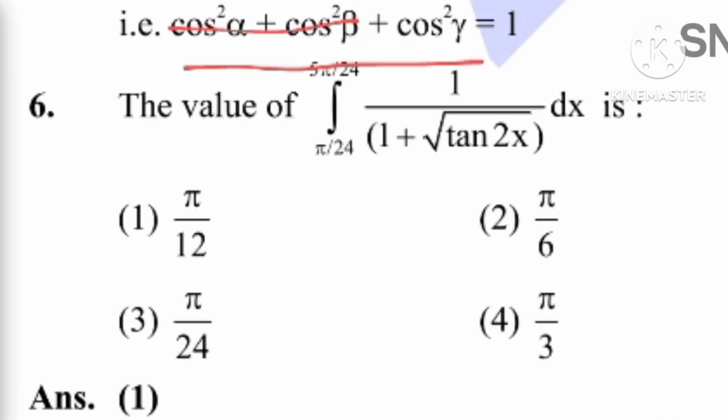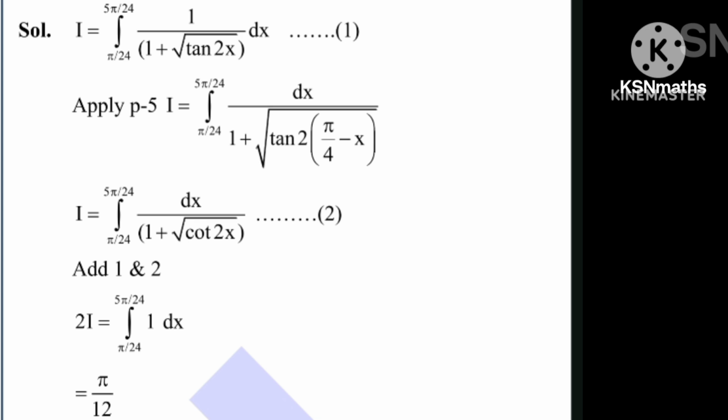Question number 6. The value of the integral from pi by 4 to 5 pi by 4 of 1 by 1 plus square root of tan 2x dx is. This is the first principle, integration from pi by 4 to 5 pi by 4 of 1 by 1 plus root tan 2x dx.